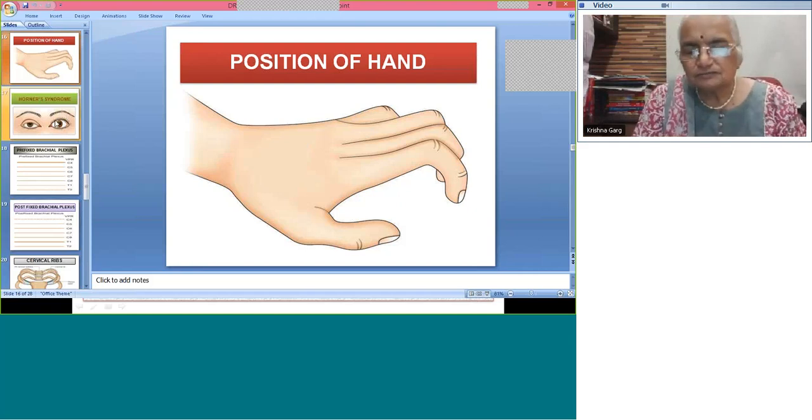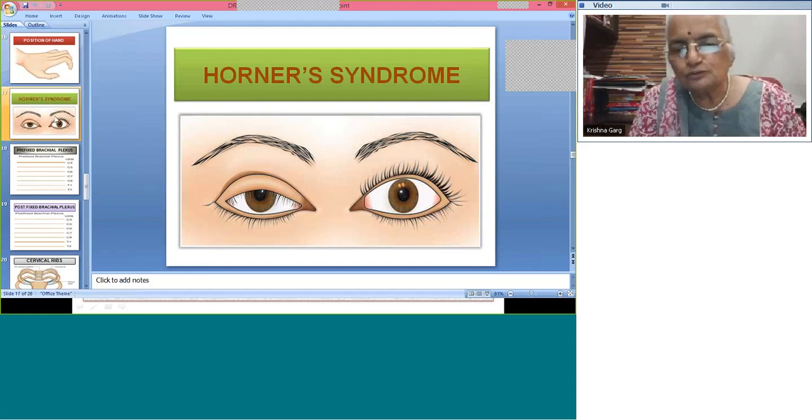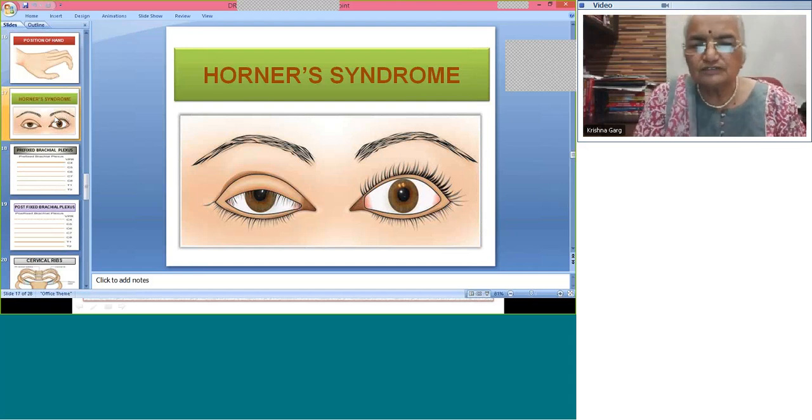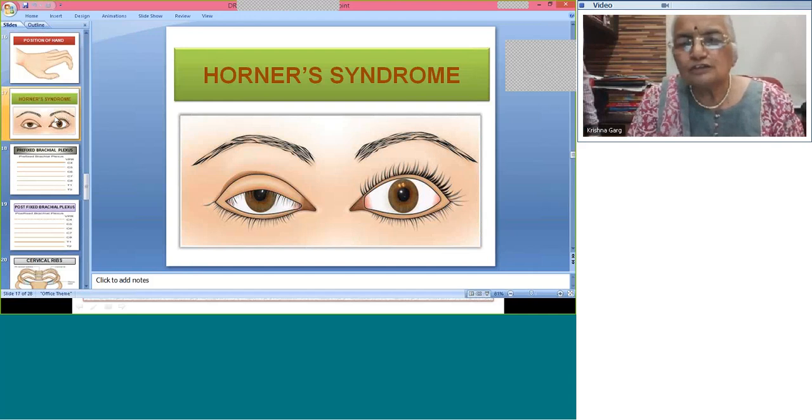In some cases, if the injury is proximal to the white ramus communicans, there may be injury to the preganglionic fibers coming from sympathetic T1 segment of the spinal cord, which leads to a syndrome known as Horner's syndrome.